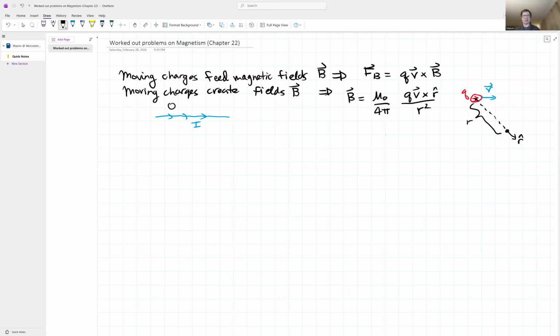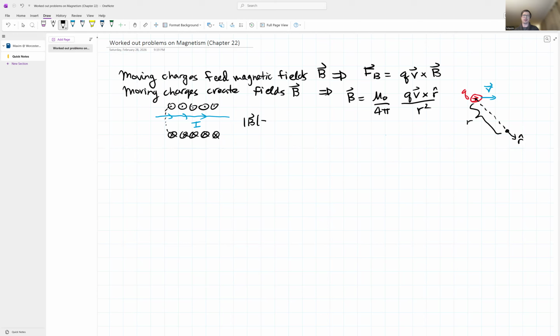It's going to be out of the board or notebook here on the top and into the board or notebook on the bottom. And it makes these loops, so it comes out and then goes into the board.